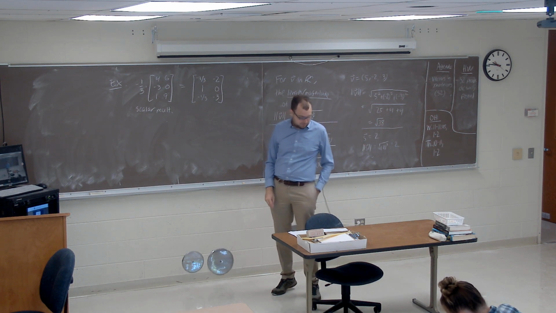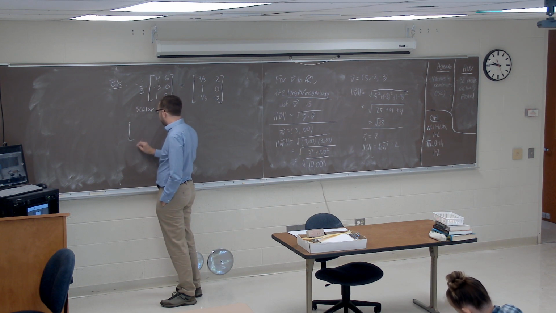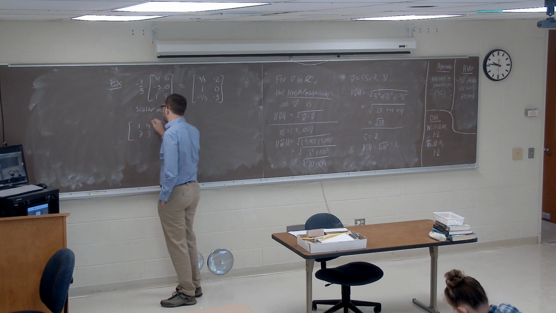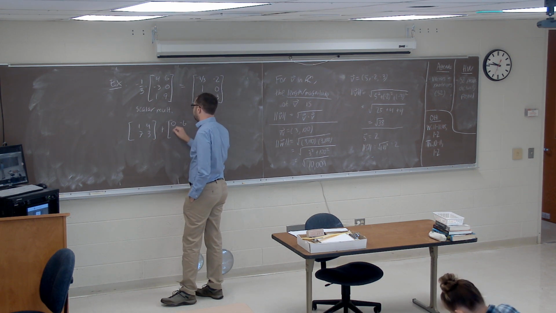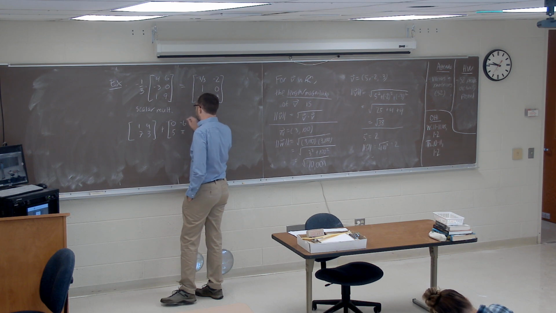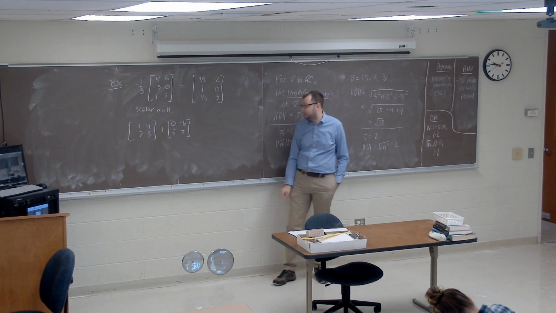Matrix addition works basically the same way. If I were to give you, let's say, the matrix 1, 4, 7, 3, adding that to the matrix 0, -6, 5, pi. I went with pi to spice it up a little bit.